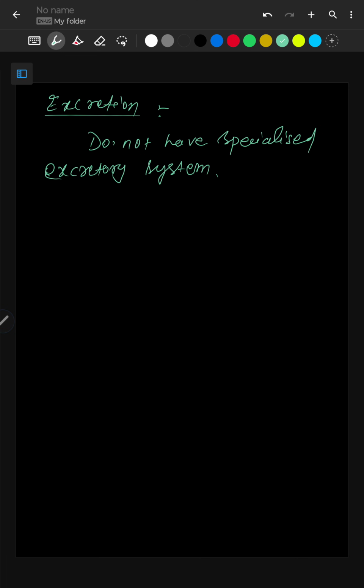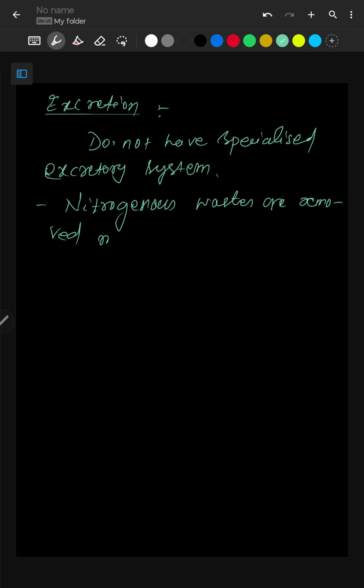Okay, then how does the excretion take place? The nitrogenous waste is removed mainly by the body surface.